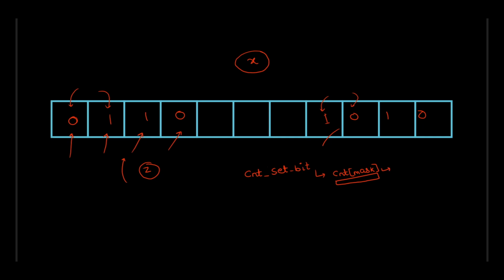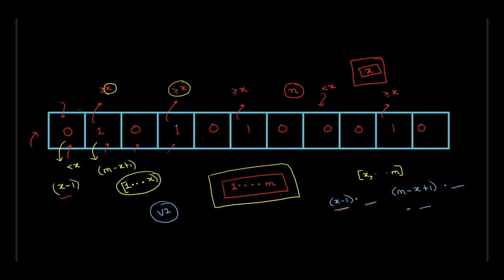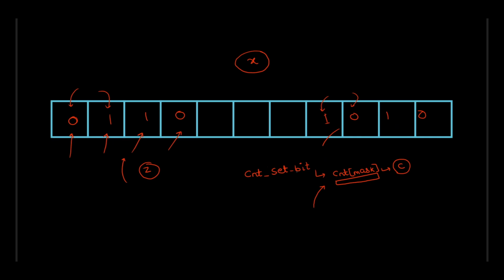Or let's call it C. Then can you instantly compute the answer if I tell you the count of set bits in the mask? Yes, because if there are C set bits, it means that at C positions, you are allowed to make m minus x plus 1 choices. So the answer would be m minus x plus 1 to the power C.